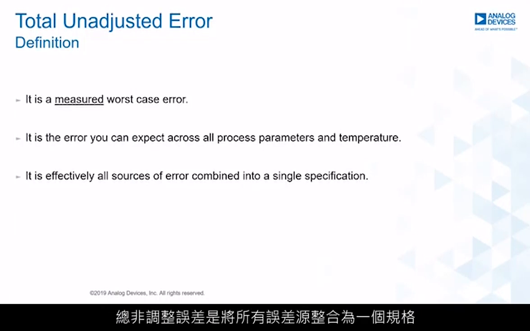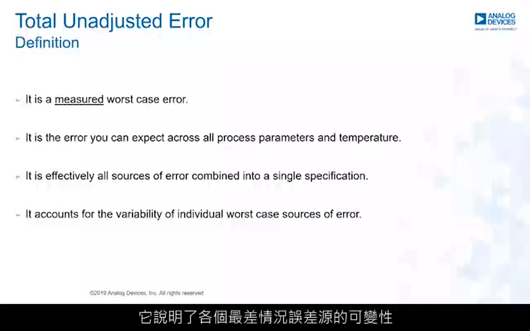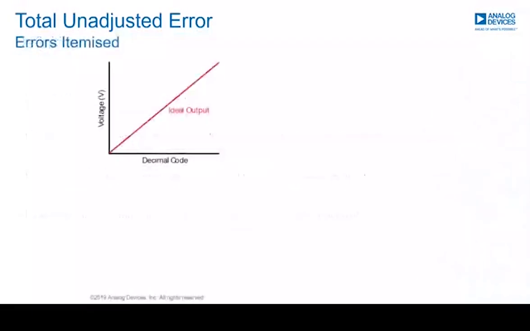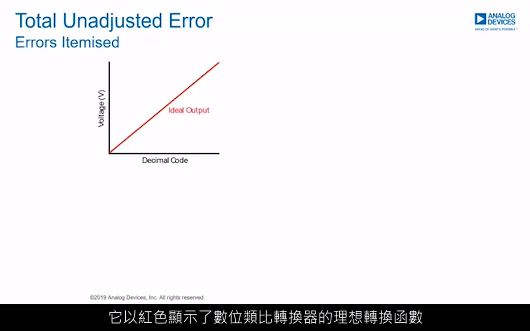Total unadjusted error is all sources of error combined into a single specification. It accounts for the variability of individual worst-case sources of error. This is a plot of voltage versus digital code. It shows the ideal transfer function for a digital to analog converter, with the ideal transfer function in red.